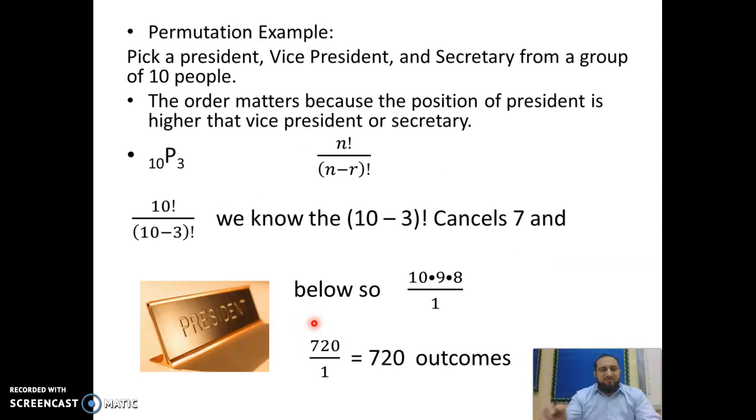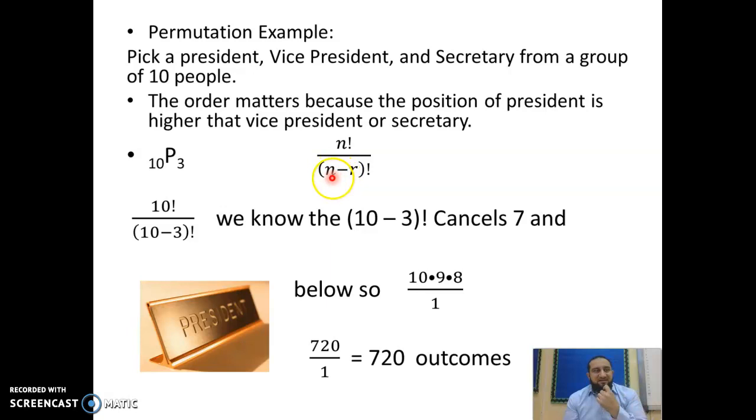Now here, a permutation one. Pick a president, a vice president, and a secretary from a group of 10 people. In this case, you're deciding a president, vice president, and secretary. Order matters because the position of president is higher than the vice president or secretary.